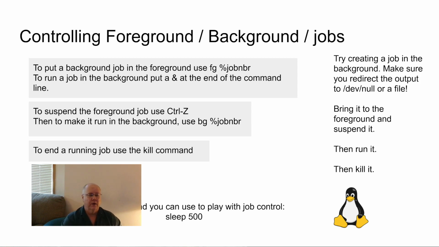It's just a new term. The foreground job is receiving input from standard in and writing output to standard out. It's not in any suspended or idle state. It's active. So that's the foreground process.